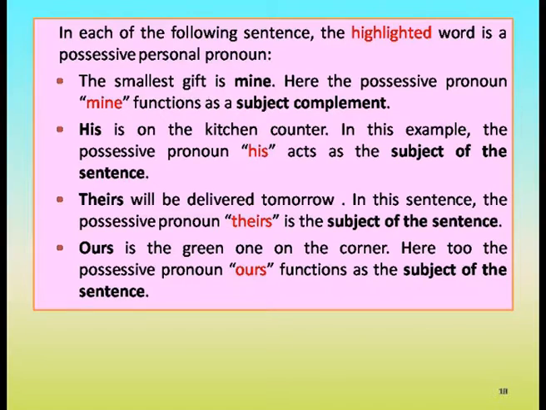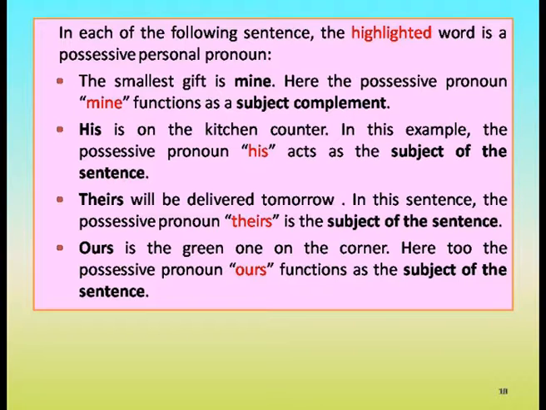In each of the following sentences, the highlighted word is a possessive personal pronoun. The smallest gift is mine. Here, the possessive pronoun mine functions as a subject complement. His is on the kitchen counter. In this example, the possessive pronoun his acts as the subject of the sentence.